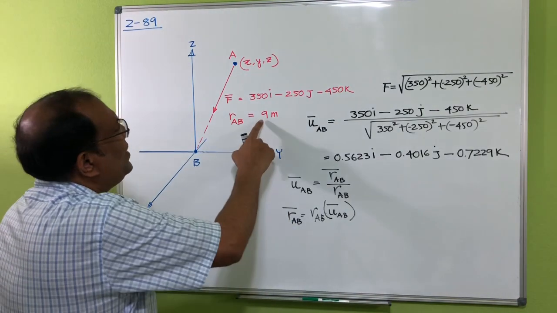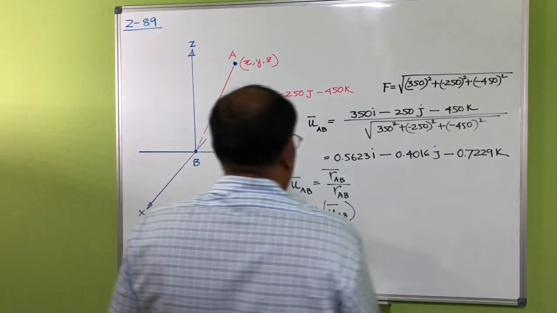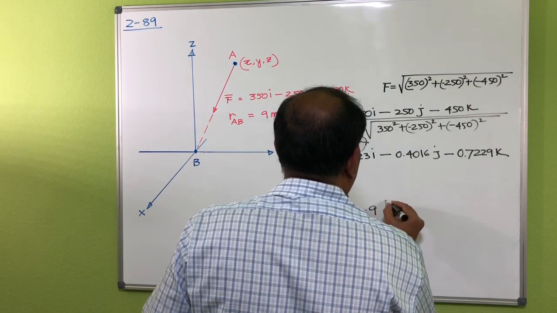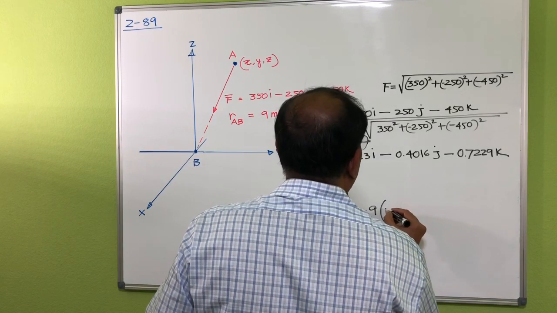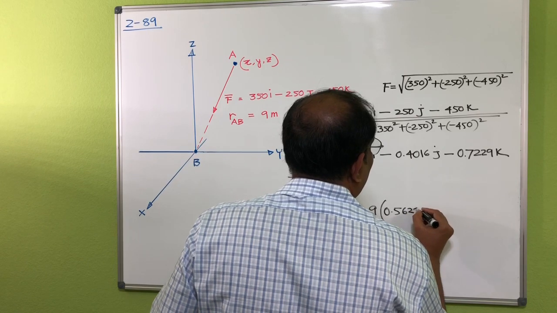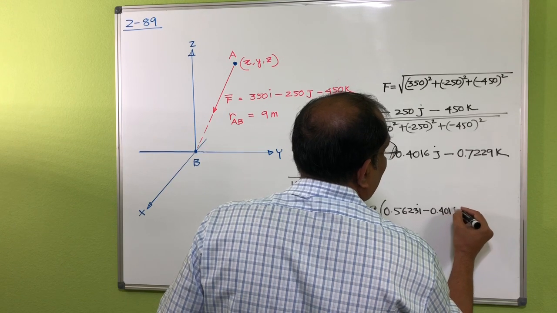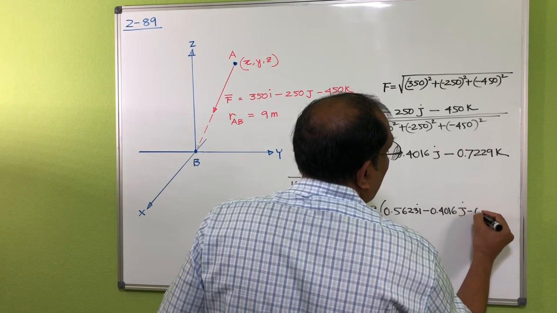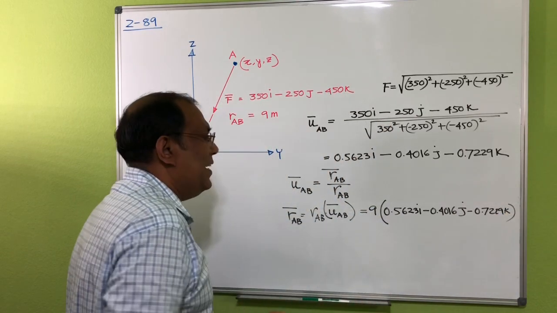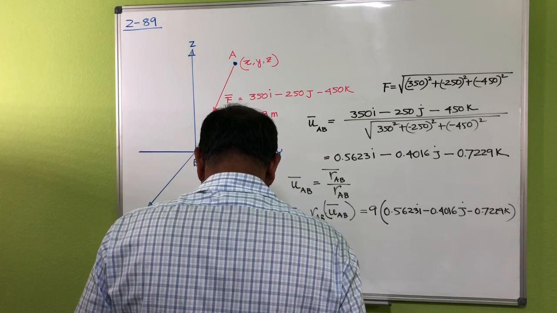So I know that RAB equal to 9 meter here. So the position vector is basically 9 multiplied by 0.5623 I minus 0.4016 J minus 0.7229.